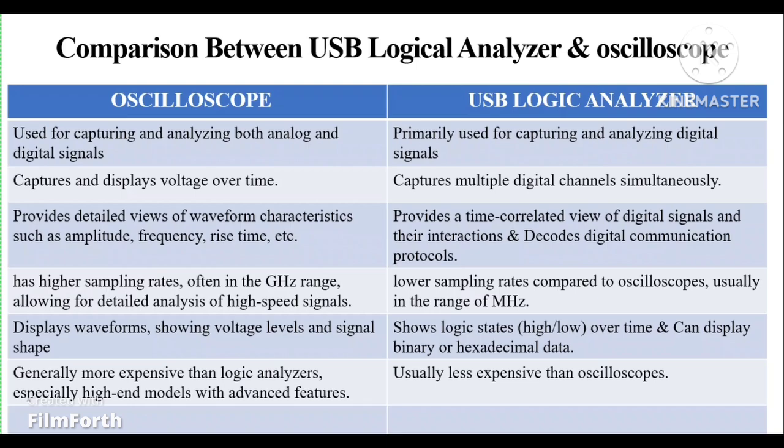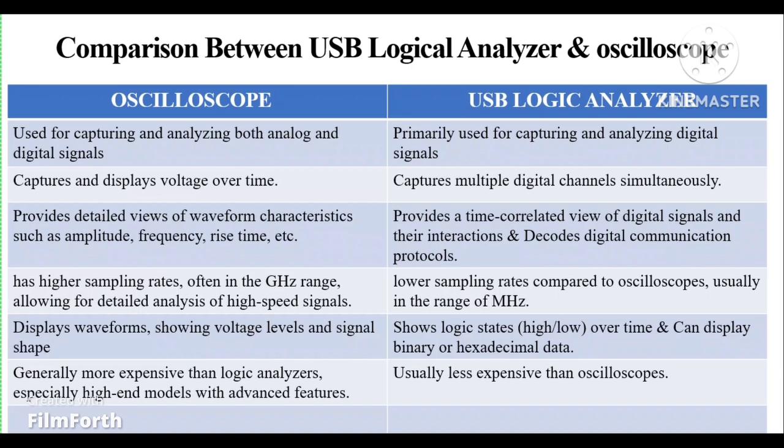and more. The USB logic analyzer provides a time correlated view of digital signals and their interactions, and it decodes digital communication protocols. The fourth point of the oscilloscope is that it has a higher sampling rate, often in the gigahertz range, allowing detailed analysis of high speed signals, but it is the opposite in the USB logic analyzer.